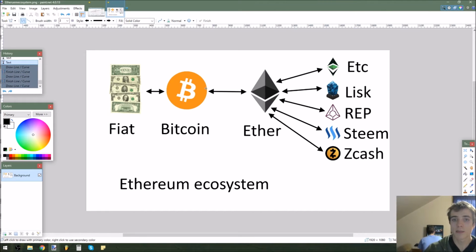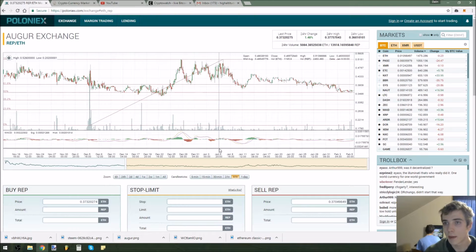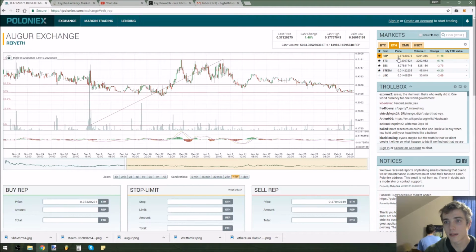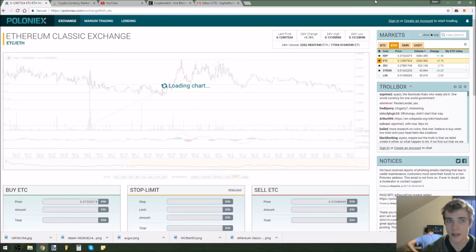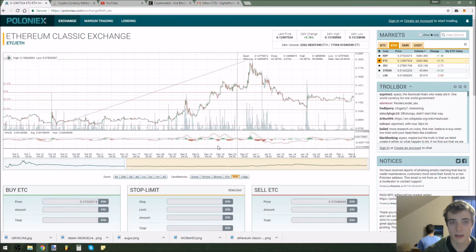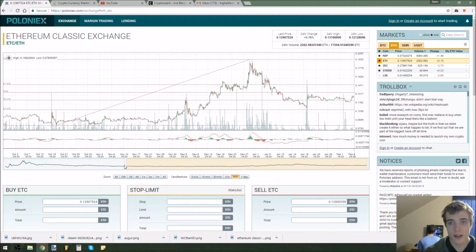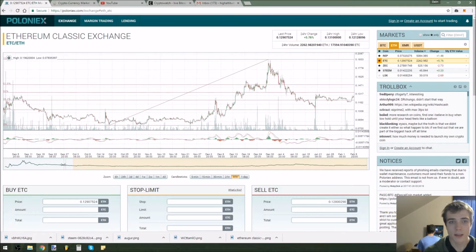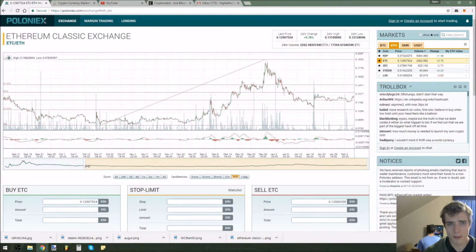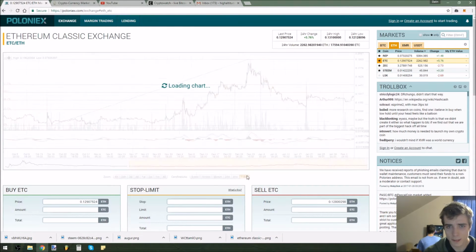That's something else you have to keep in mind: where is the majority of the volume? But it's still looking like there's a ton of volume in these markets right now. So a lot of people are spending their ETH on Ethereum Classic instead of just spending their direct Bitcoin.